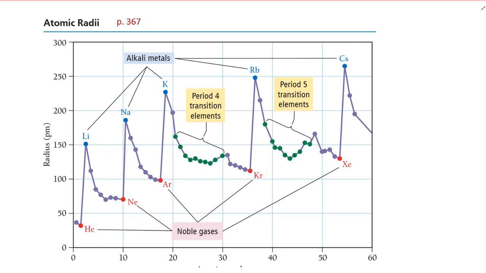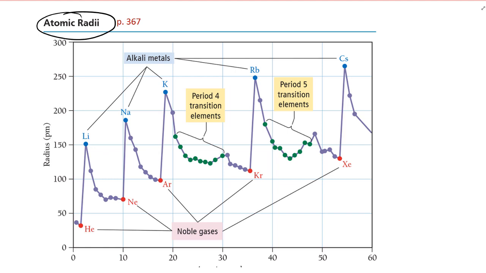And so the first one we're going to talk about here today is the atomic radii. Radii, of course, is the plural of radius. And so these measure the radius of atoms as they correspond to different elements.